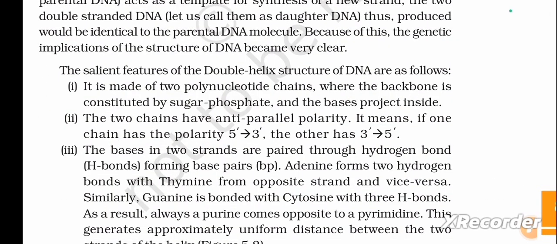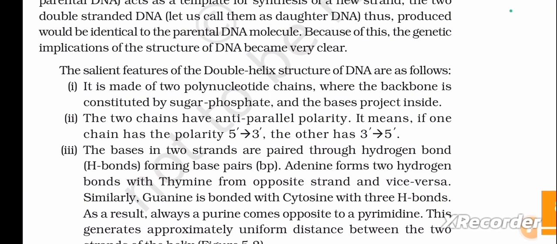The salient features of the double helix structure of DNA are as follows. First one, it is made of two polynucleotide chains where the backbone is constituted by sugar phosphate and the bases project inside. Second point, the two chains have anti-parallel polarity. It means if one chain has a polarity 5' to 3', the other has 3' to 5'.